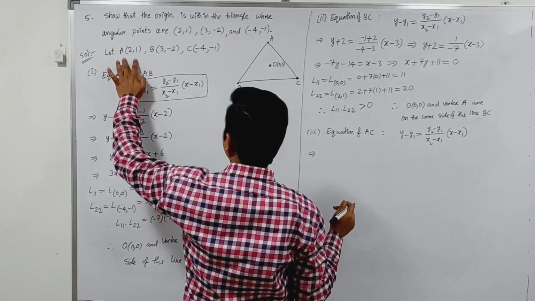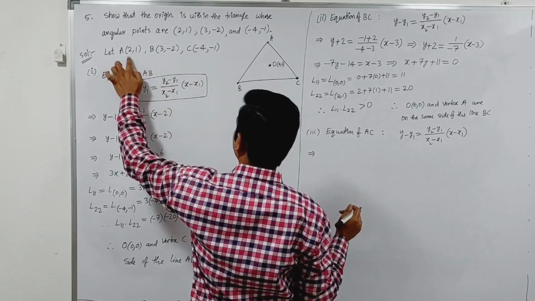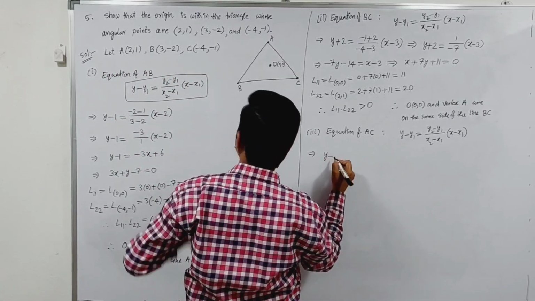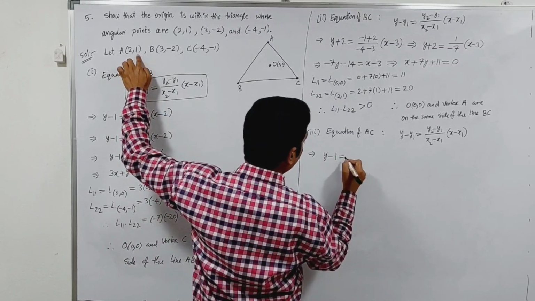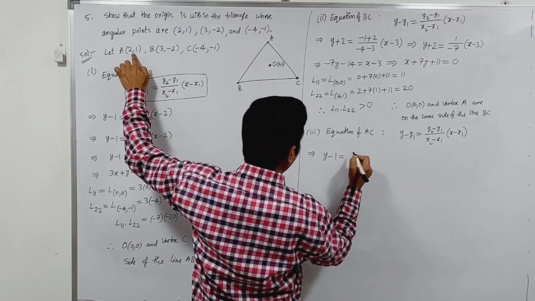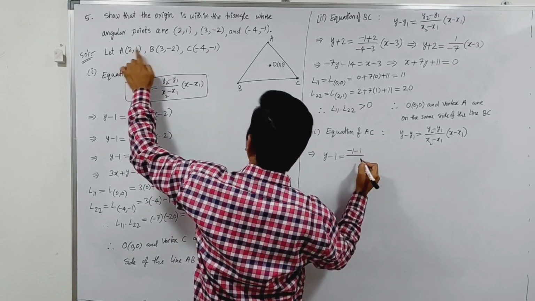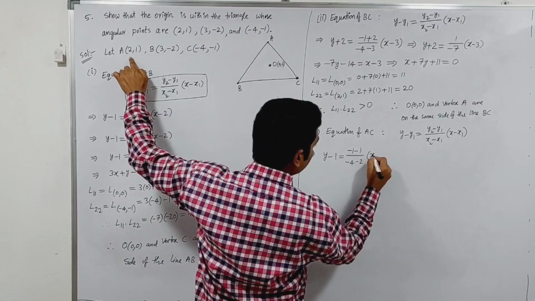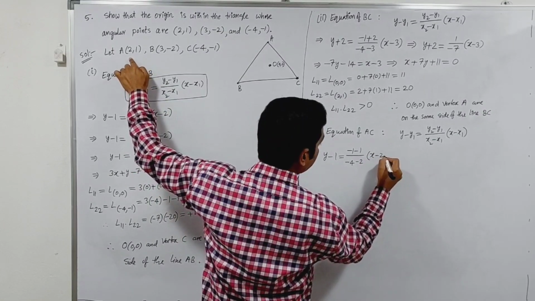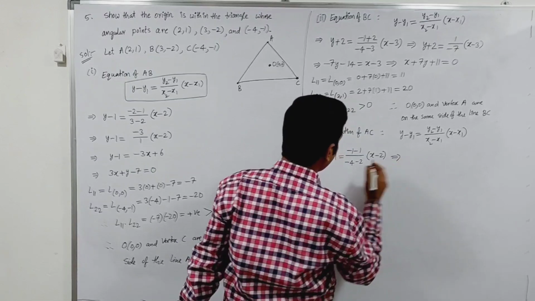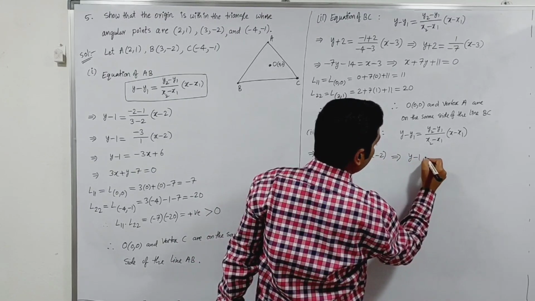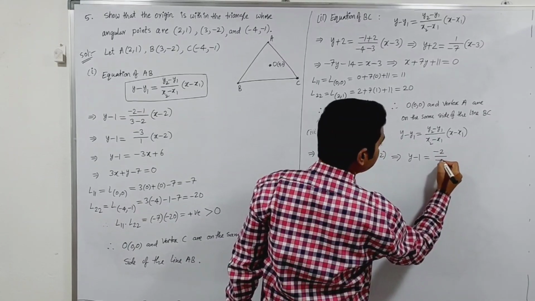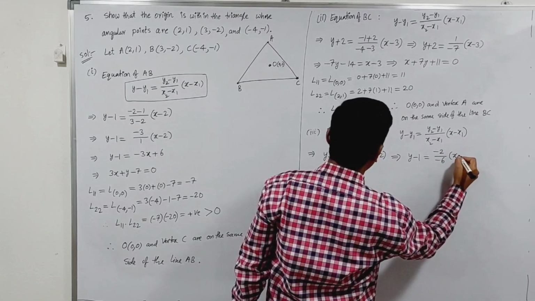A is the first point, C is the second point. This is x1, y1, this is x2, y2. Now apply the formula: y minus y1, that is 1, equal to (y2 minus y1), that is minus 1, by (x2 minus x1), that is minus 4 minus 2, times (x minus x1), that is 2. From this, y minus 1 equals minus 2 by minus 6 times (x minus 2).